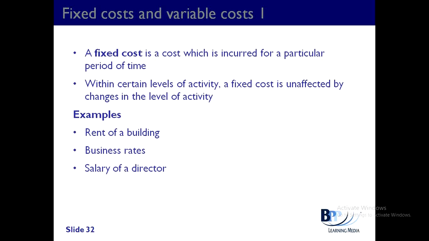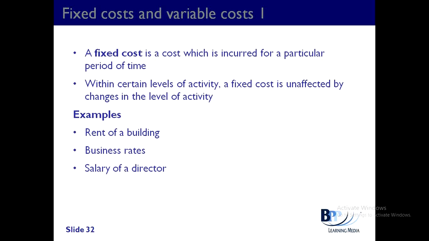The example of a fixed cost could be a rental cost. When you are renting a premises at a fixed cost, it doesn't matter how many units you are producing in that premises. You can produce one unit, you will still pay the same amount of money. That's a fixed cost. The other example of a fixed cost could be business rates or salaries of directors and other employees that are on fixed pay.